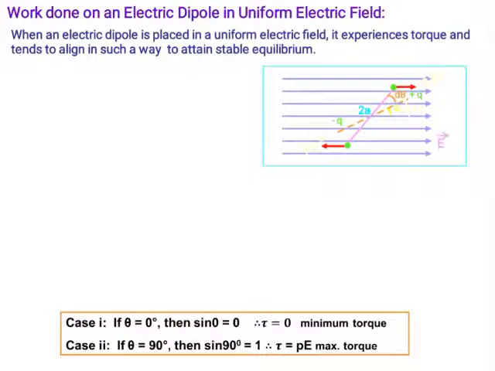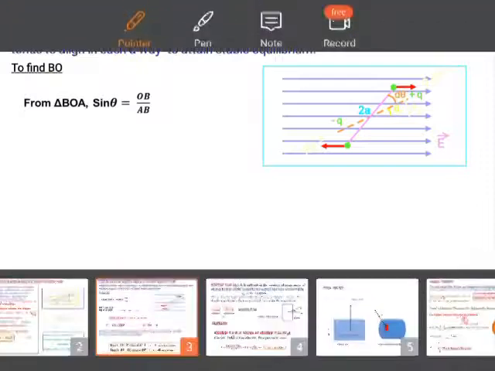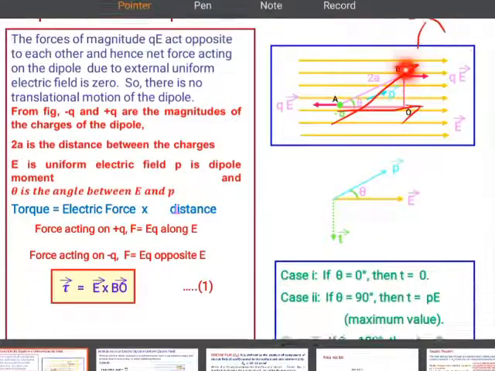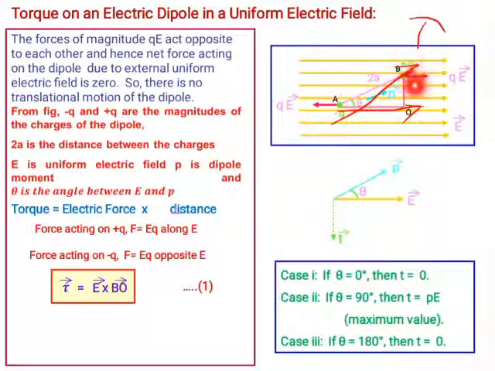When we keep the dipole in the presence of a uniform electric field, it experiences torque. To find BO or OB, OB is the perpendicular distance. From triangle BOA, sin theta is equal to OB divided by AB. In this slide we observed BOA is a right angle triangle.